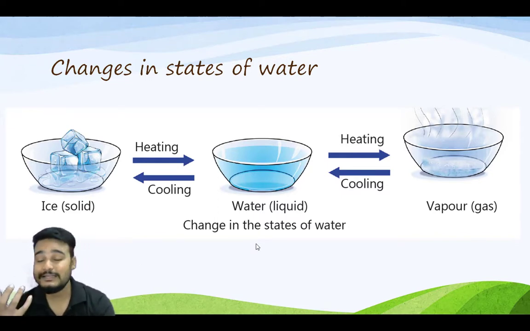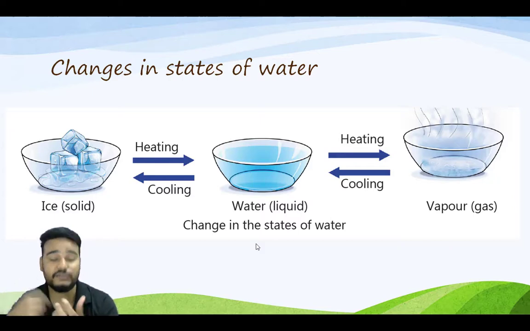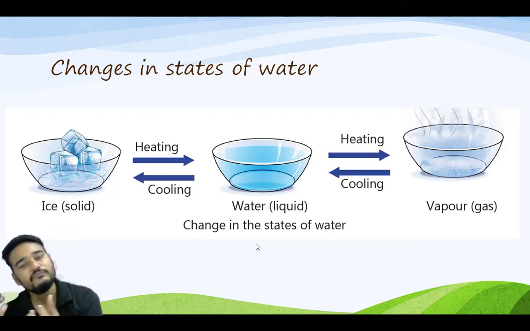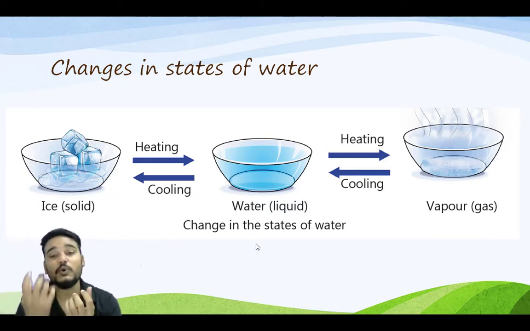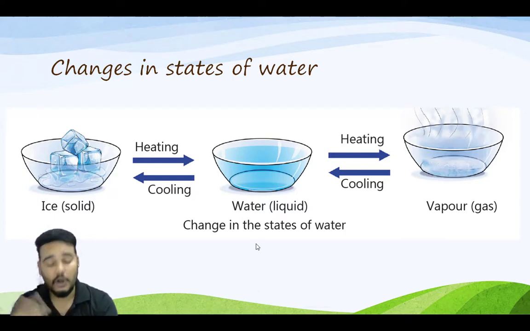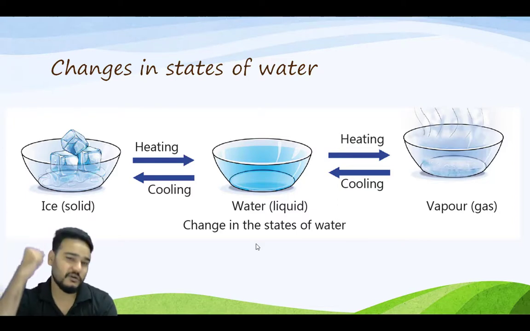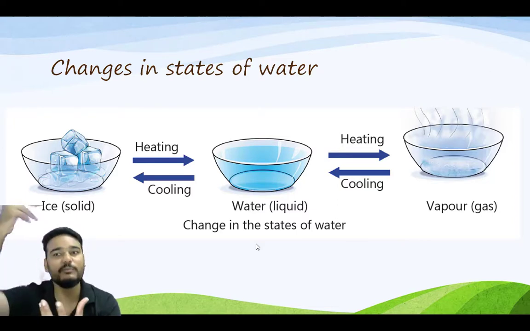And when we heat this, the ice will melt and it will become water. And when we again heat that water and boil it, it will give you water vapors.